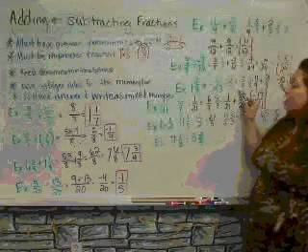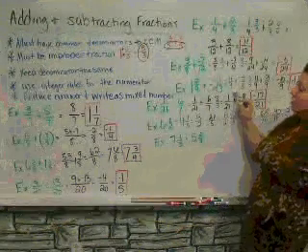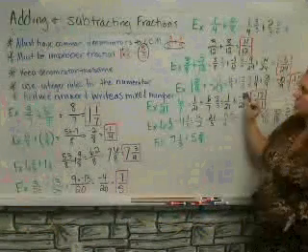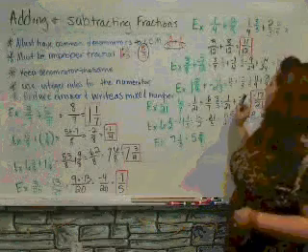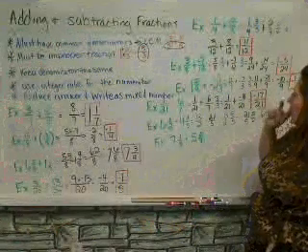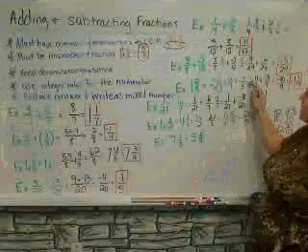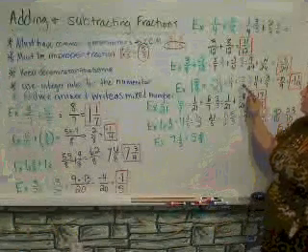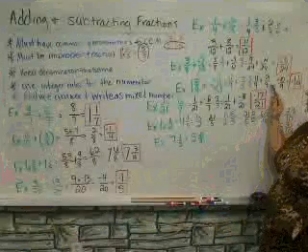Okay? Now we recognize that these do not have common denominators, 9 and 3. What's the LCM of 9 and 3? Well, it's 9, right? So we're going to need to multiply negative 7 over 3 times 3 over 3. 7 times 3 is 21. 3 times 3 is 9. So we have 11/9 plus negative 21/9.